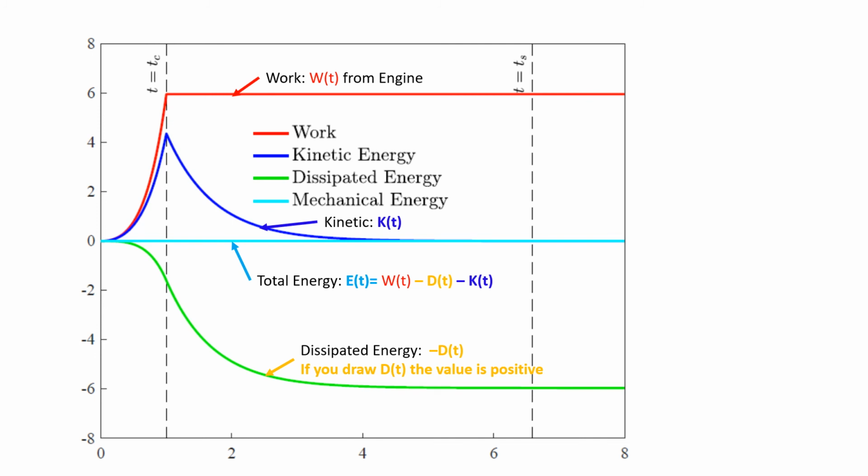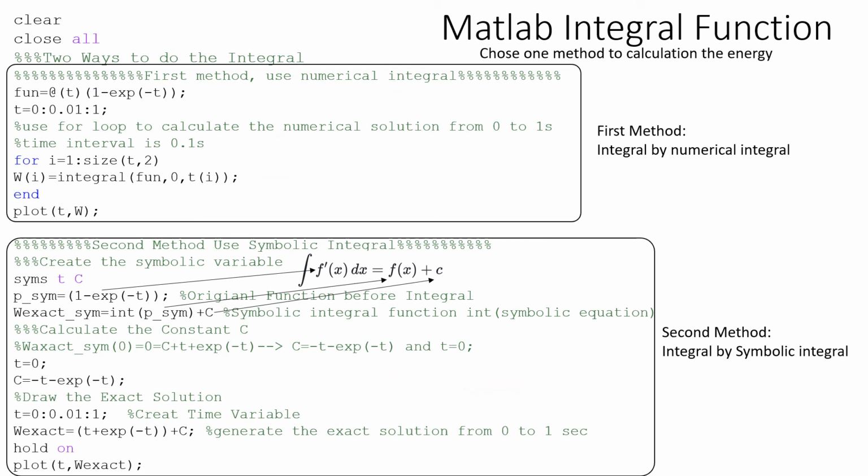So how do we do the integration for the Dt and Wt? After we talk about the solution for J, now we will talk about how to write a function to do an integral. I will teach you two methods here.